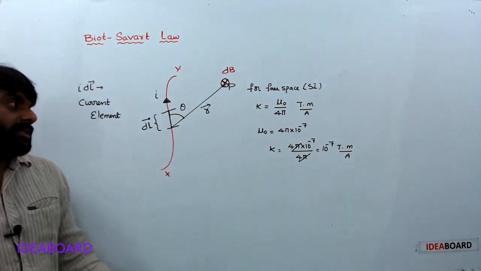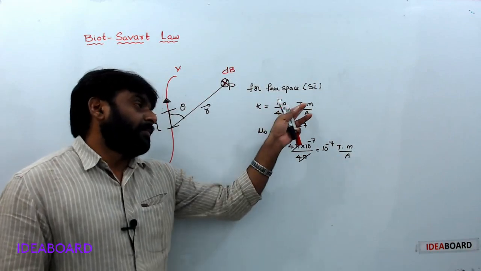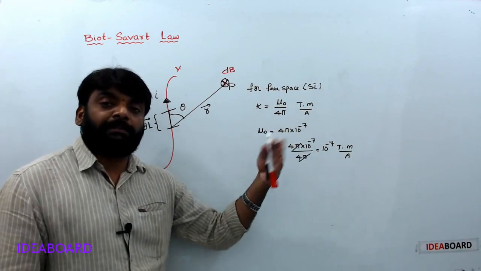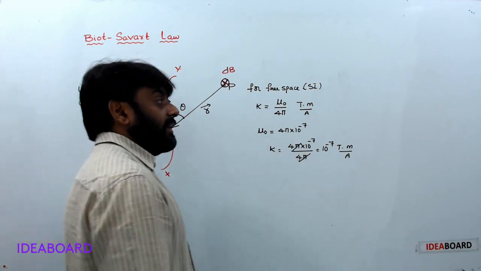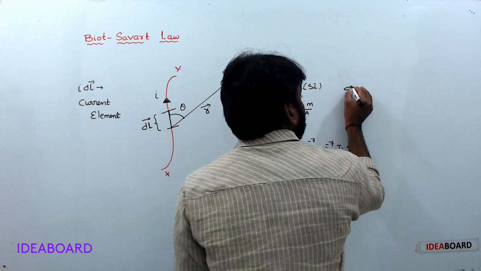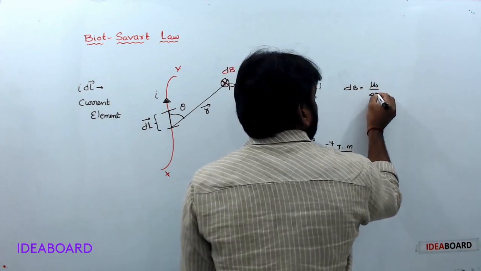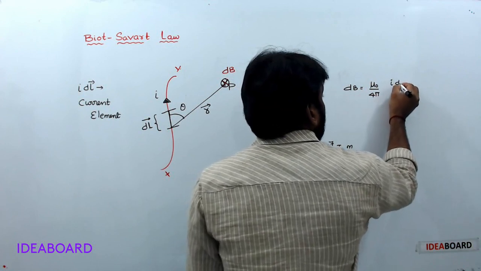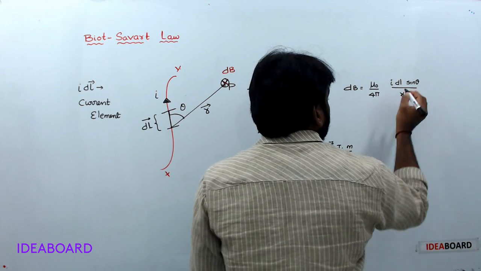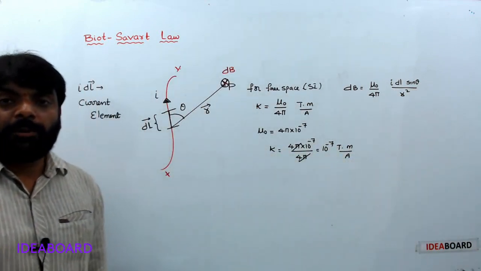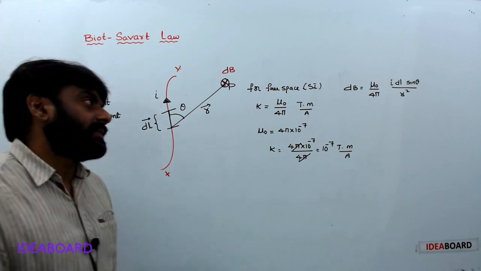This is the k value in free space in SI system. So dB is equal to mu naught by 4 pi I dl sine theta by r square.